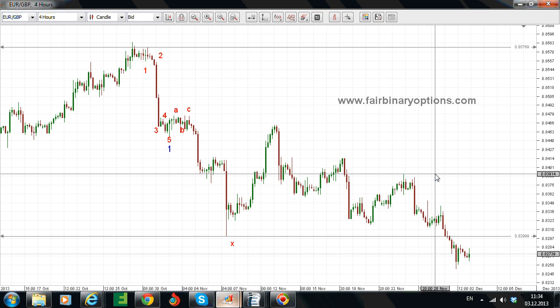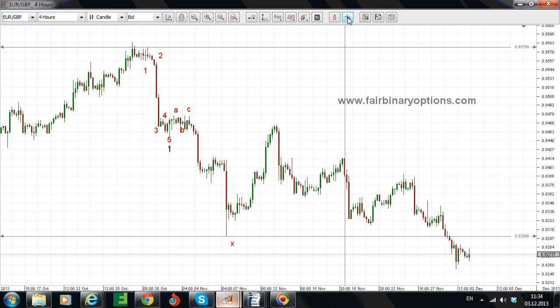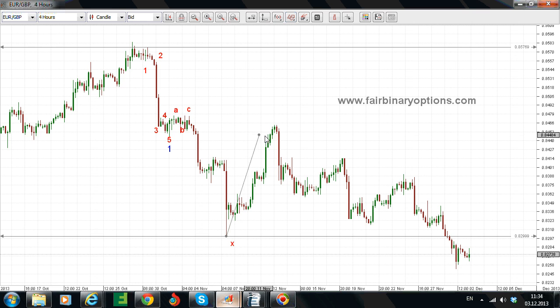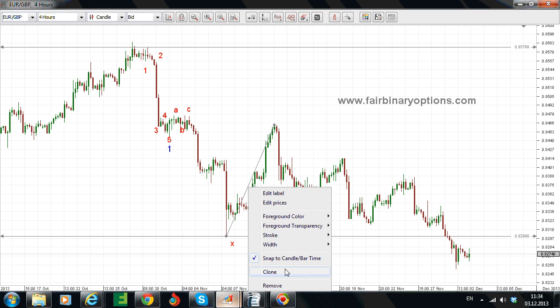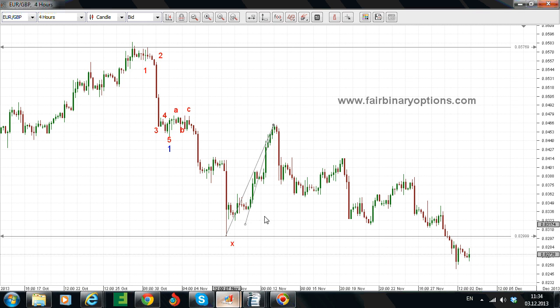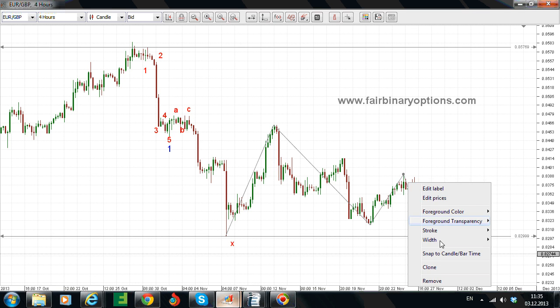From my point of view, the contracting triangle goes like this. This to be wave A. This to be the B wave, the C wave to the upside, the D wave, a small D wave, and of course an E wave.